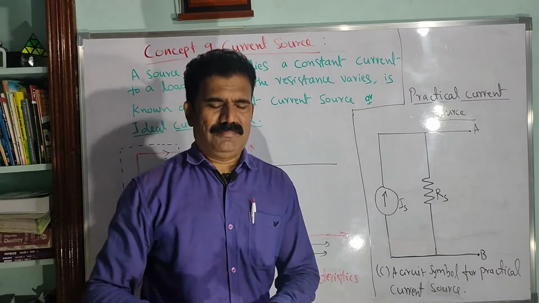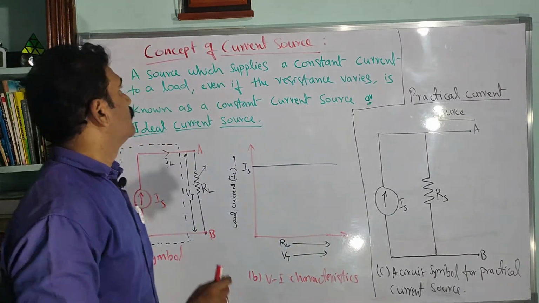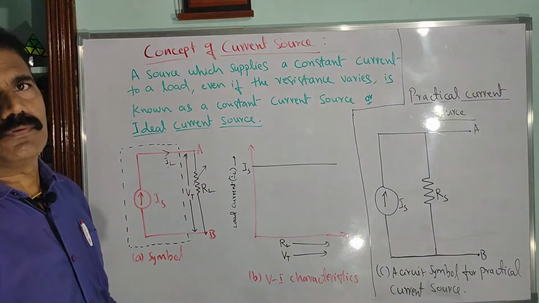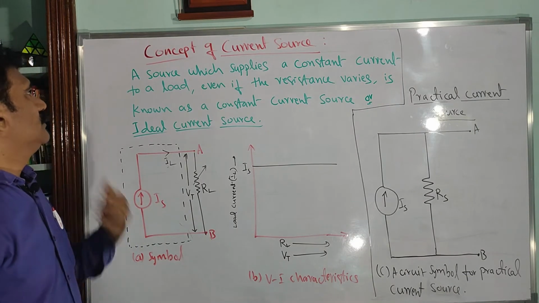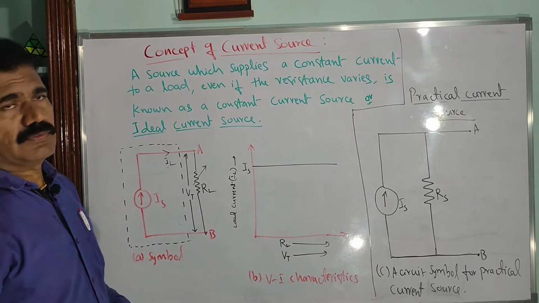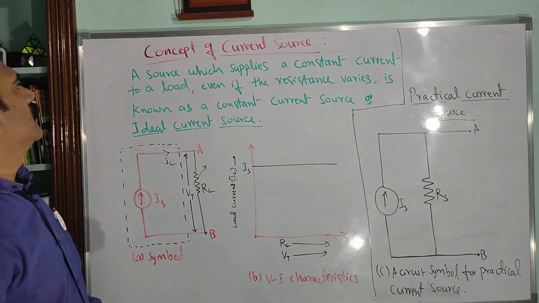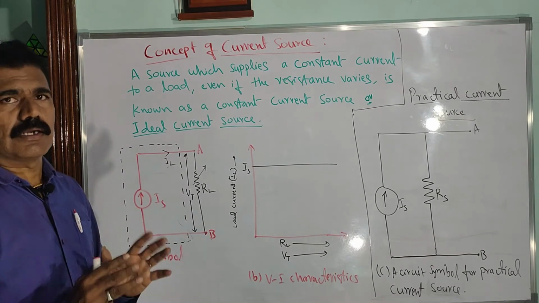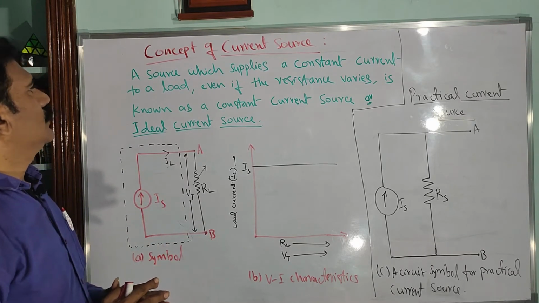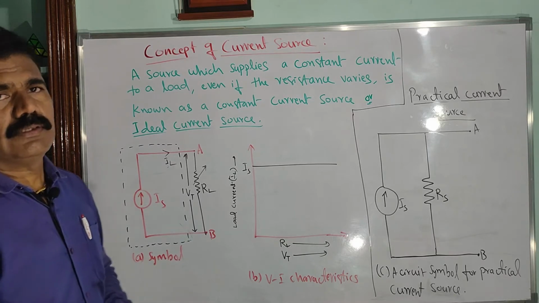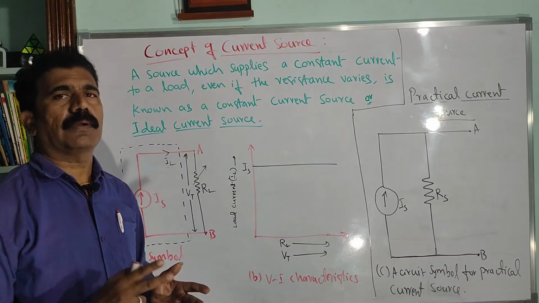Okay. Now let us discuss the concept of current source. You just go through the definition first, so that you will understand what exactly the source called current source is. As in the case of voltage source, again we have ideal current source and practical current source.